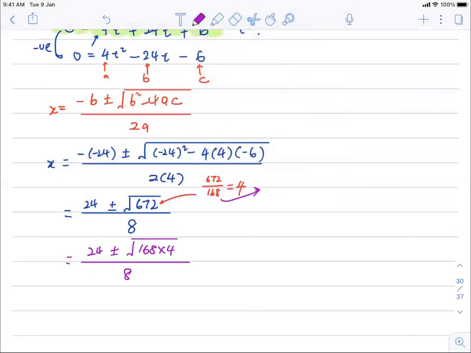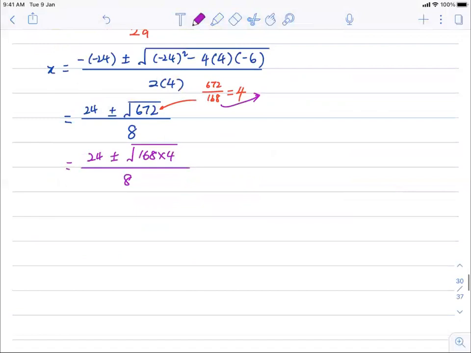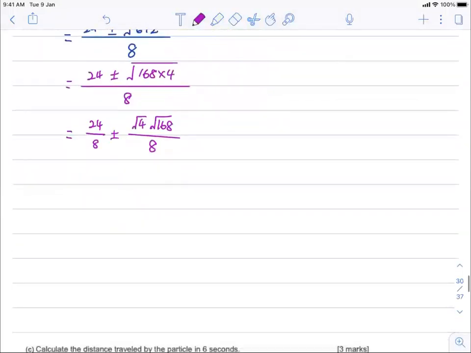Divide by 8. Simplify this further, it becomes 24 divided by 8 plus minus square root 4 multiplied by square root 168 divided by 8. This one becomes 3 plus minus square root 4 becomes 2.